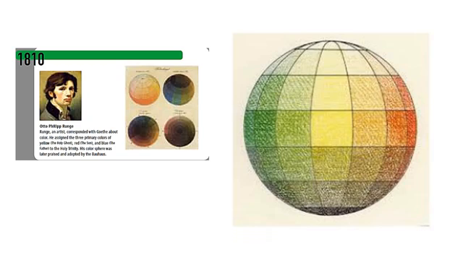It means that moving toward the upper pole, the pure hues are converted into tints, and moving toward the lower pole, the pure hues are converted into shades.